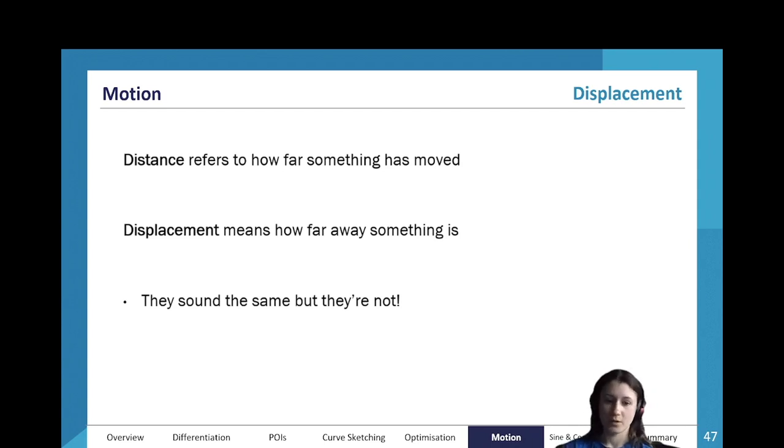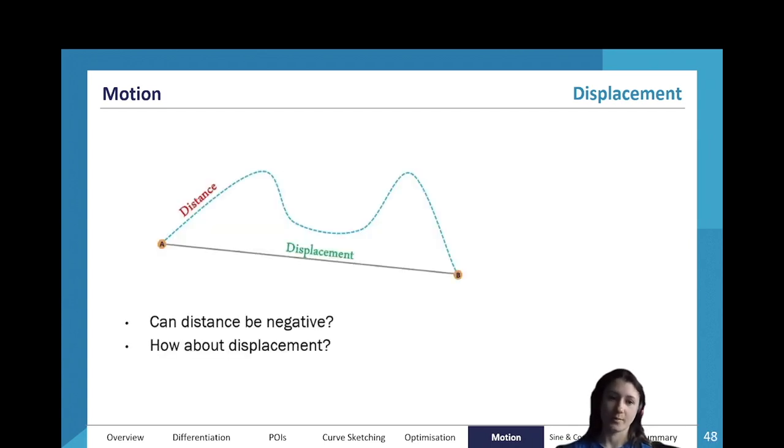All right? So as you can see, we have a diagram here. Say you're rock climbing or bushwalking or something, you can't just take a straight path. You need to go around trees, around rocks, around mountains, that kind of thing.